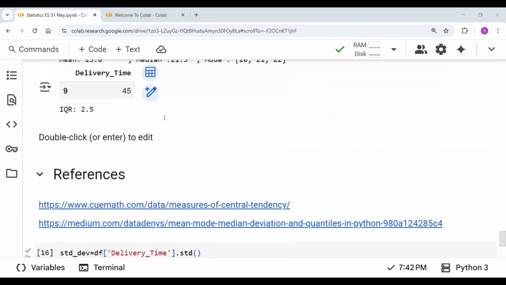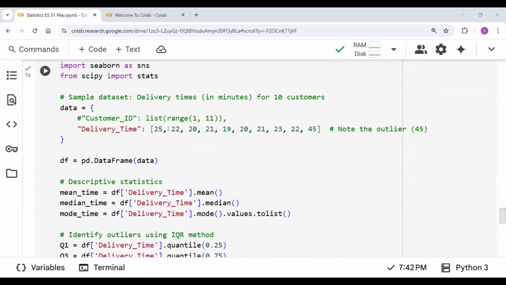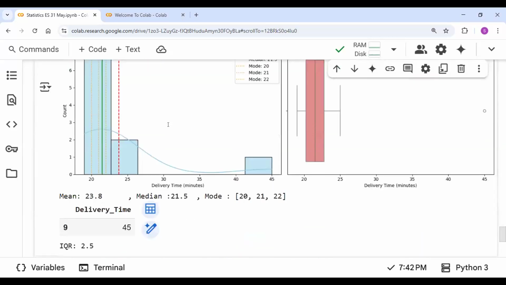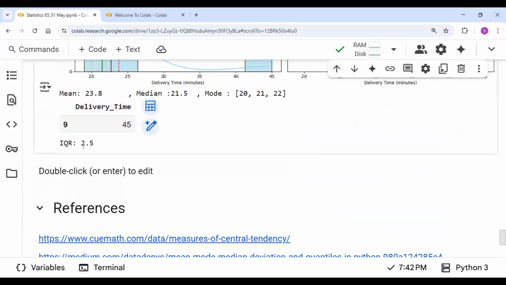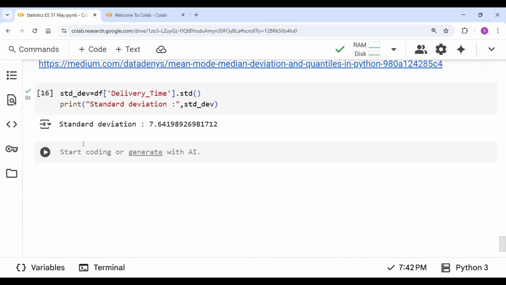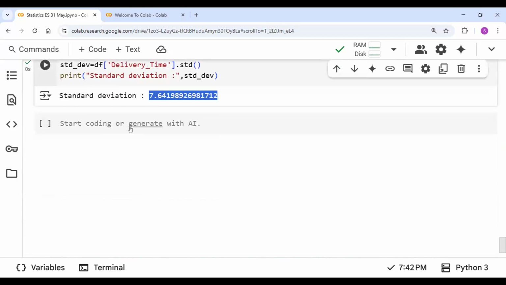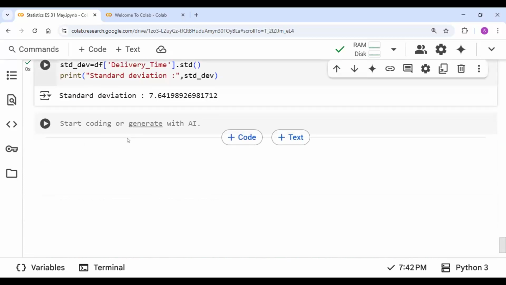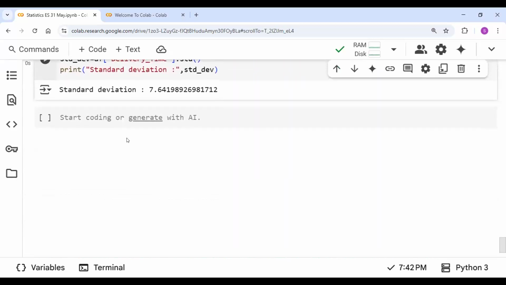For our existing data, we identified mean, median, mode, and then range also, and the IQR value also, and we were able to detect how much deviation there is. From the standard deviation, how do we interpret it?